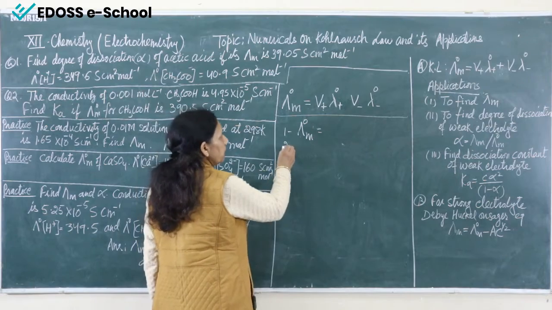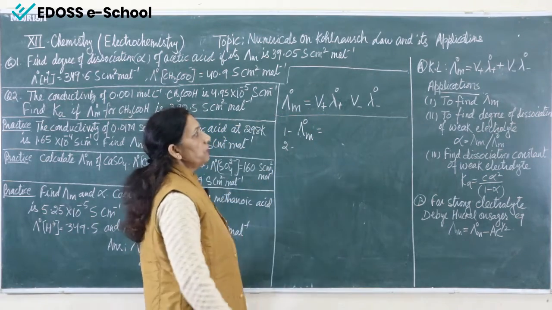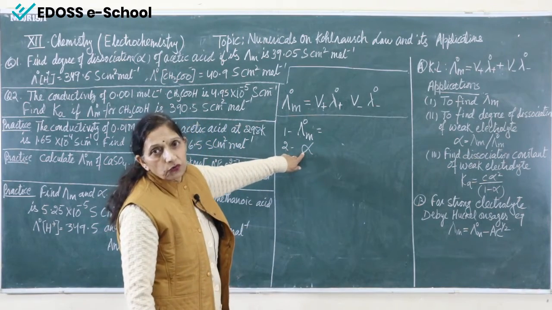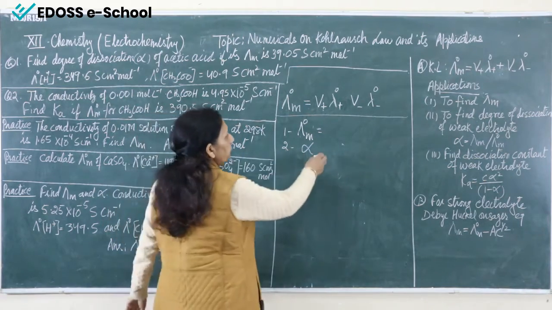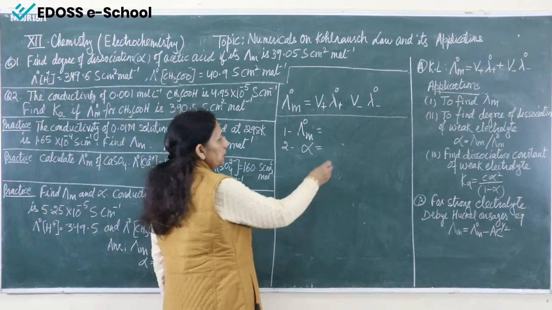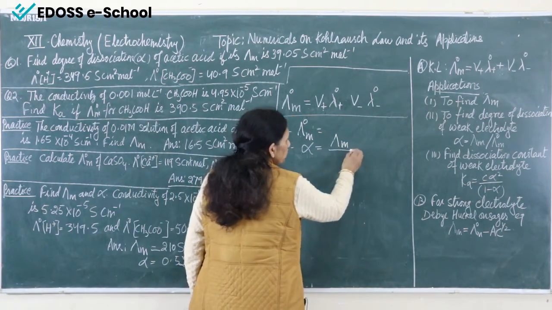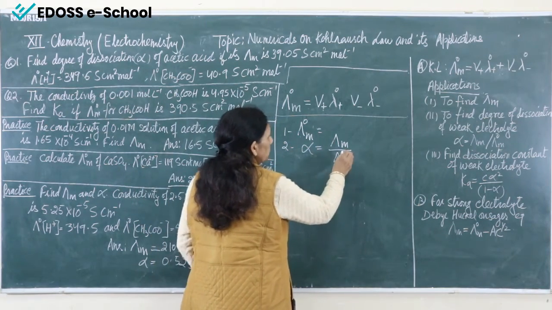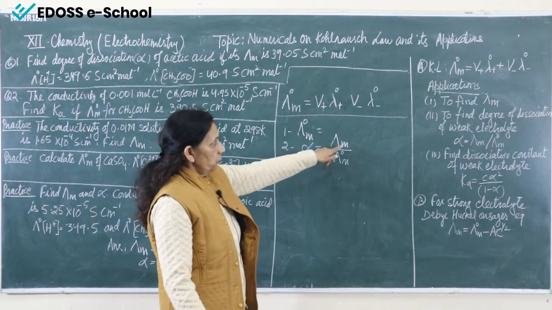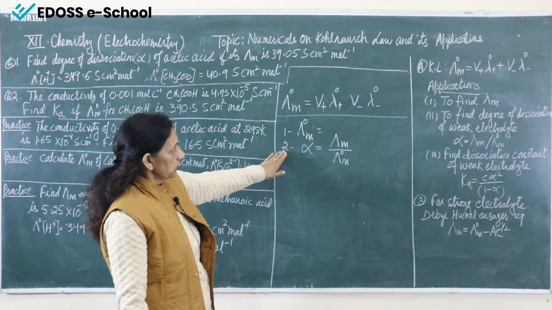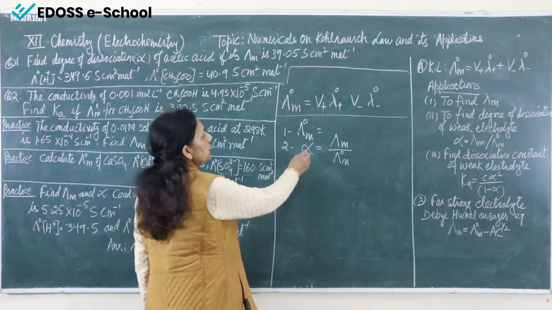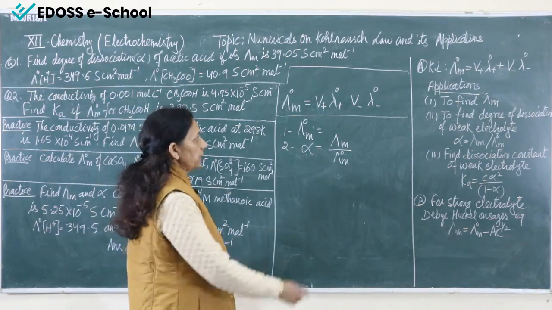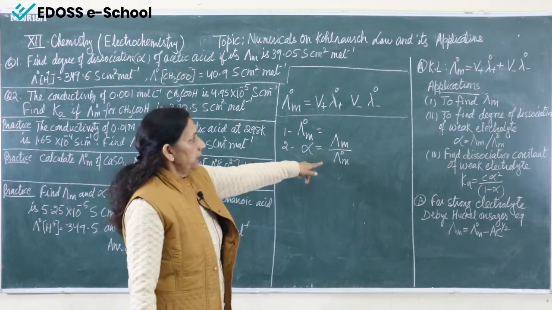Second, with the help of Kohlrausch's law, we can find alpha, the degree of dissociation, which is the ratio of molar conductivity and limiting molar conductivity. So alpha is equal to lambda m upon lambda m naught.